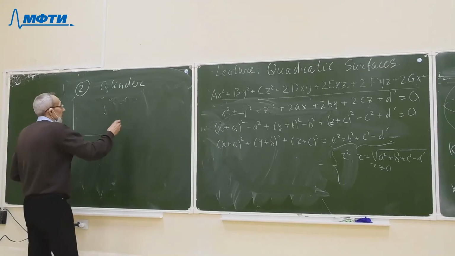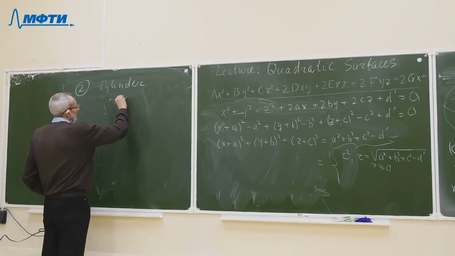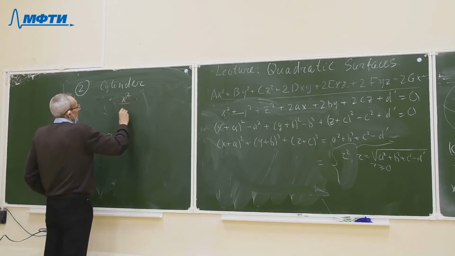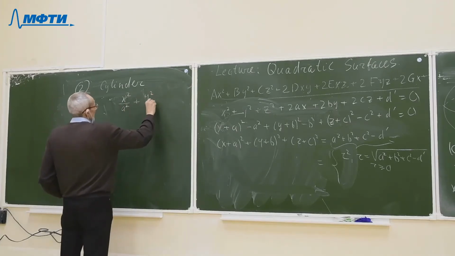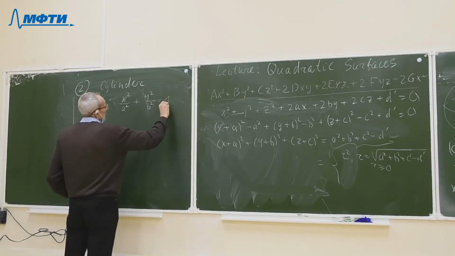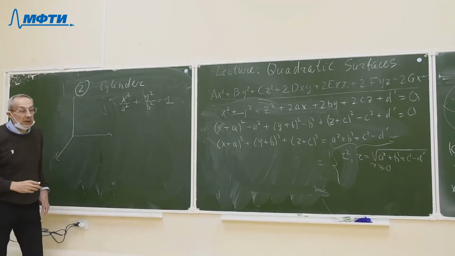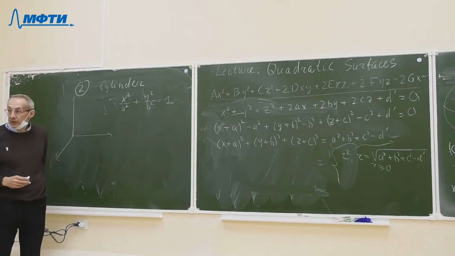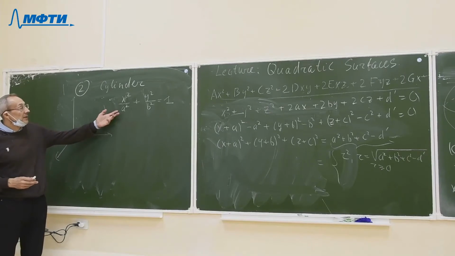For example, let's consider the equation in the form x square divided by a square plus y square divided by b square is equal to 1. In the plane, this equation defines the ellipse.